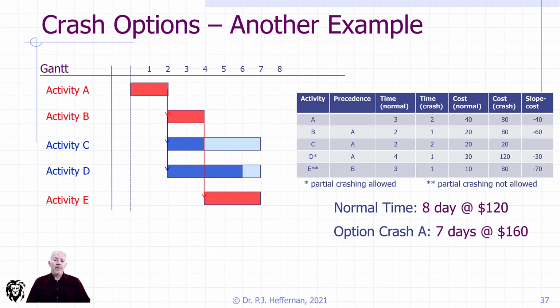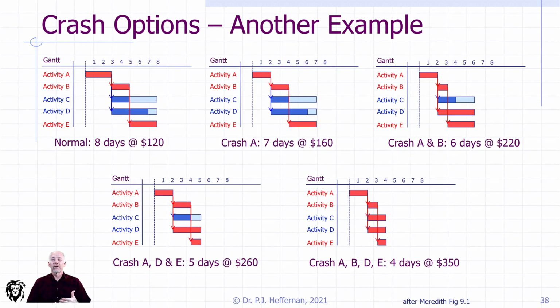And then if we want to continue to shorten the project at ever increasing costs, we can come up with a series of new Gantt charts or new plans, the Gantt chart really just representing those new plans, which shorten the project and continue to shorten the project.